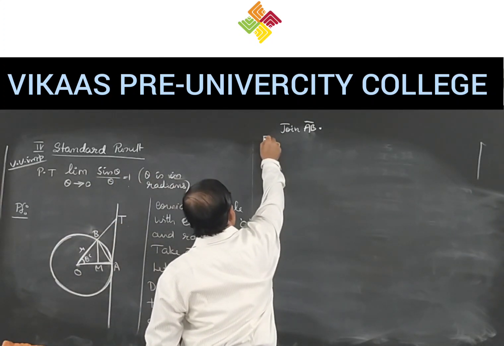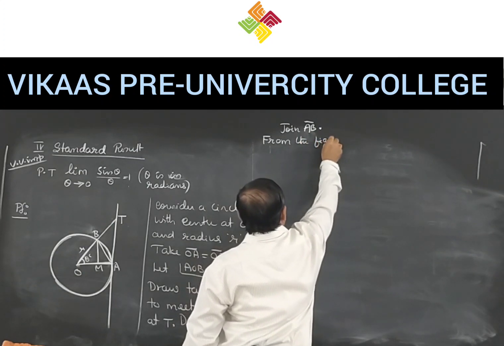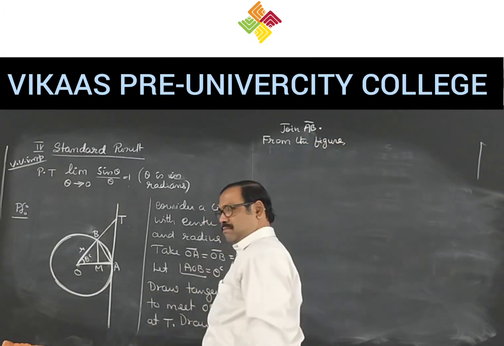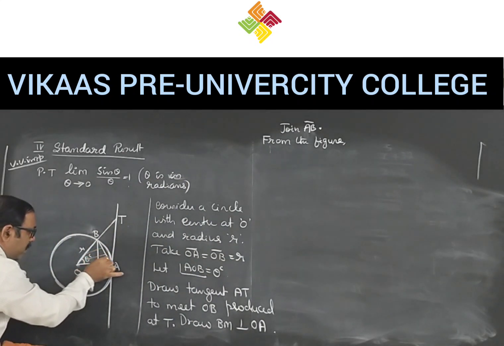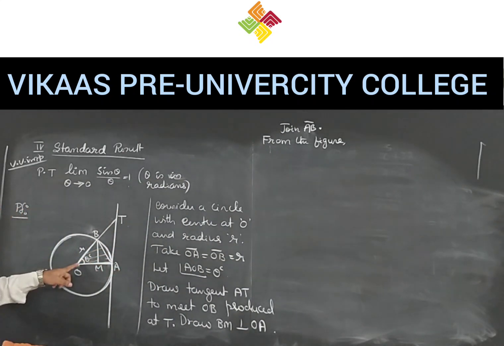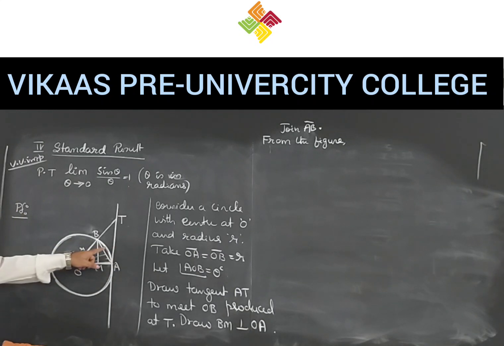From the figure, what do you find? Just look here. This is the triangle OAB. And with this, once extra length is there, the extra area is there. So that is sector OAB.